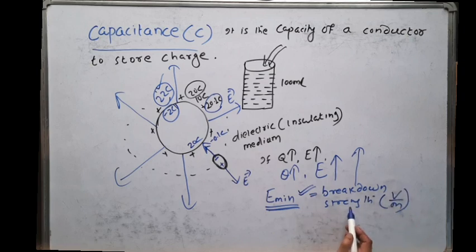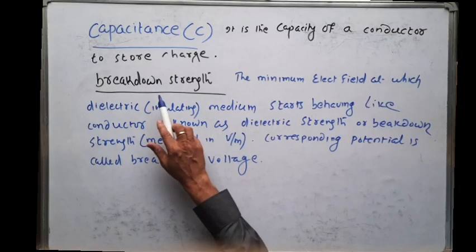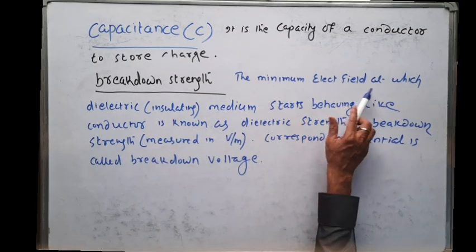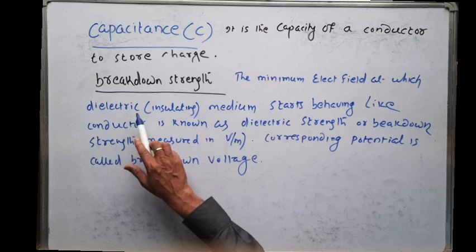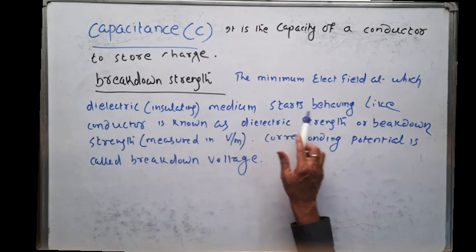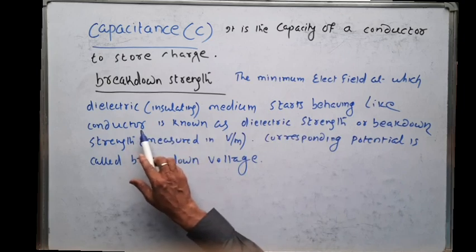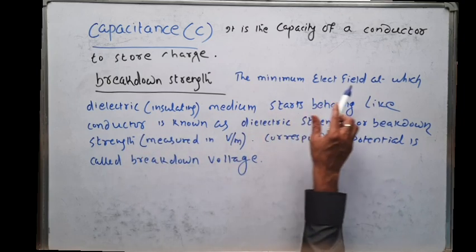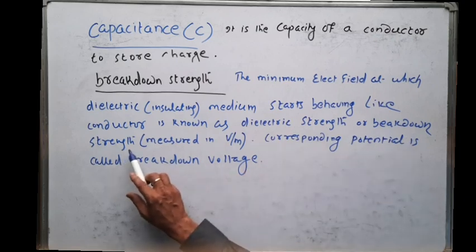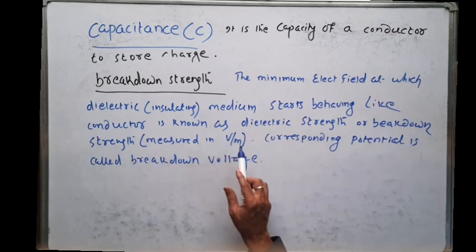So the breakdown strength of a dielectric medium is measured in volt per meter. This is the definition of breakdown strength. It is the minimum electric field at which the dielectric medium, which is nothing but an insulating medium, will start behaving like a conductor. So that minimum electric field strength is called dielectric strength or breakdown strength, and it is measured in volt per meter.